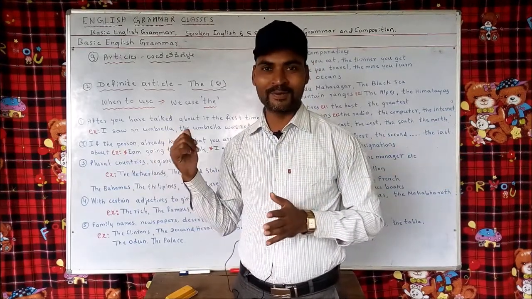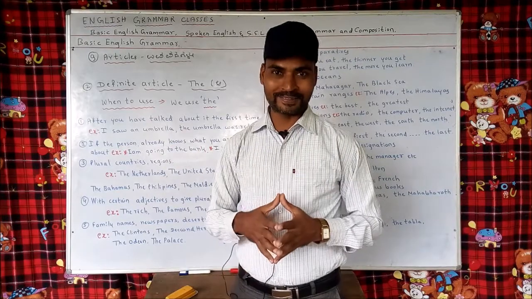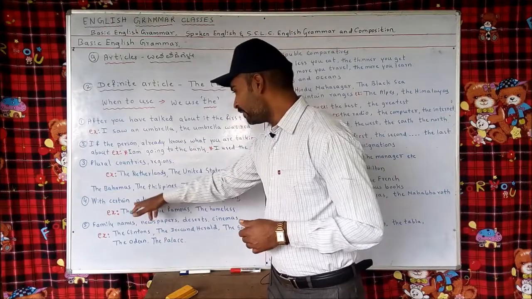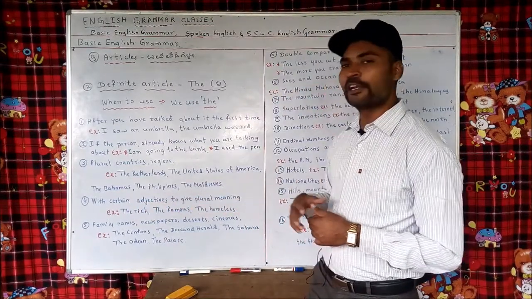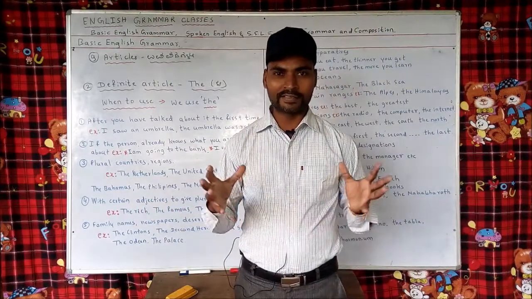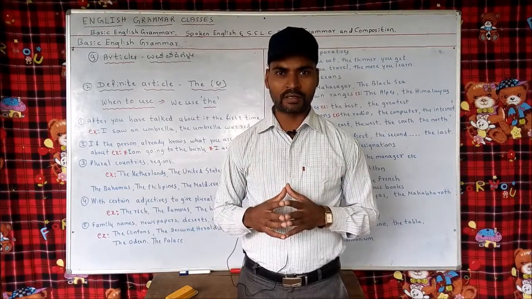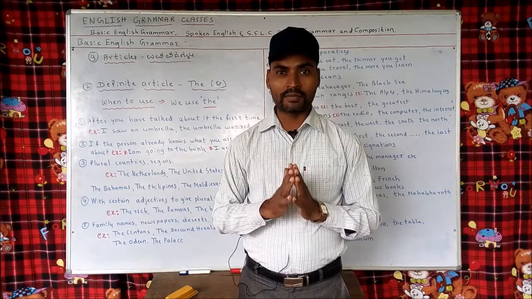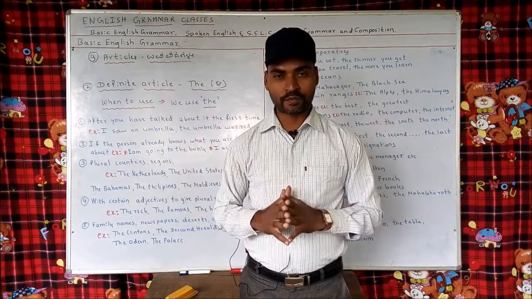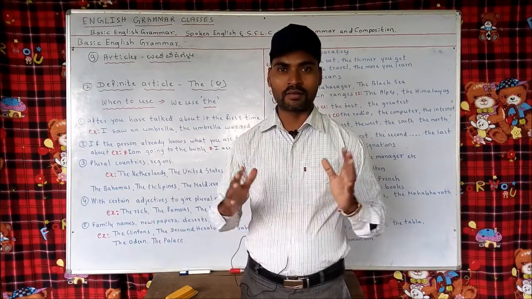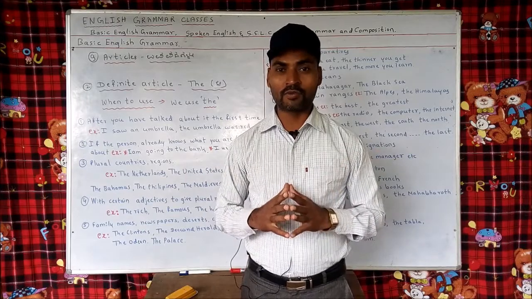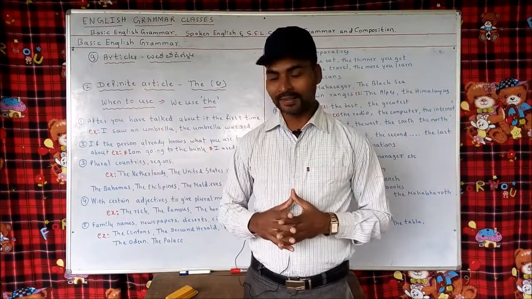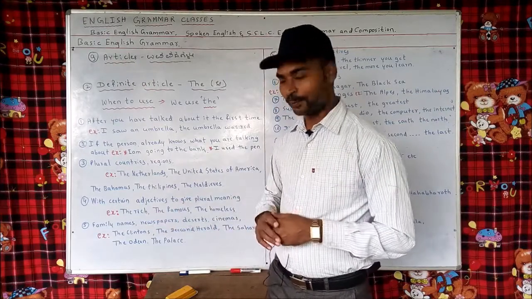We use the with certain adjectives to give plural meaning. Certain adjectives are there, even though we use them as singular, they are sensed as plural. For example, rich. When we say the rich, the word rich is representing so many rich people. At that time we use the.